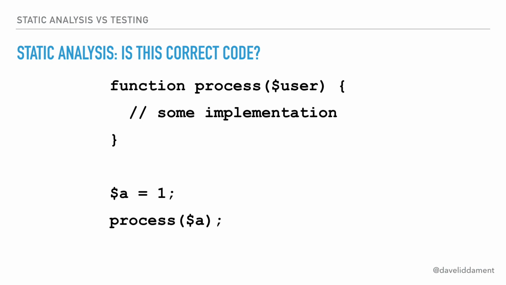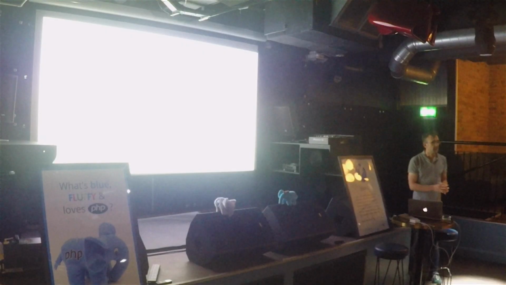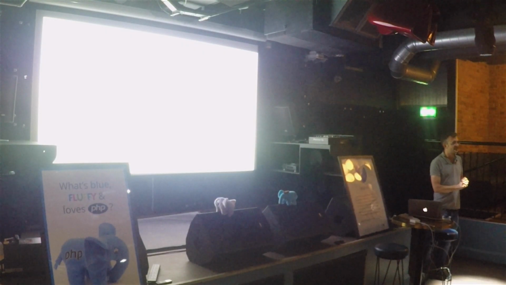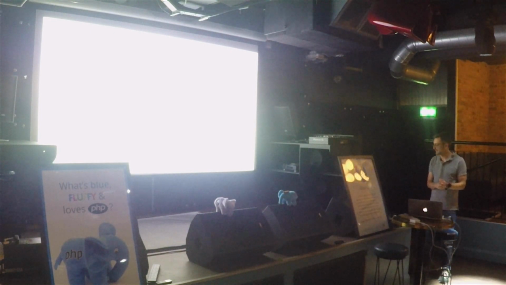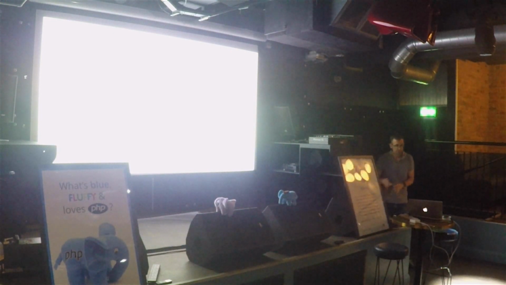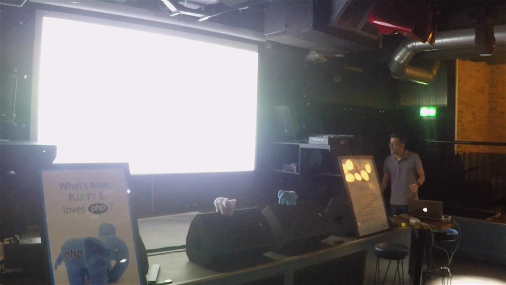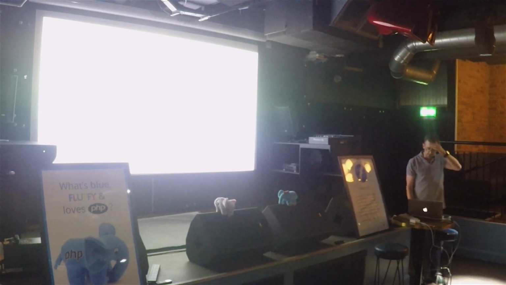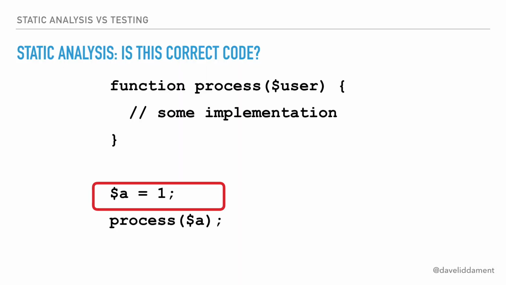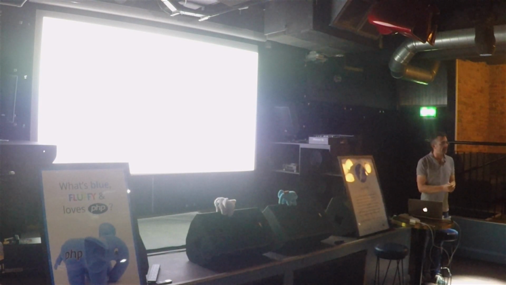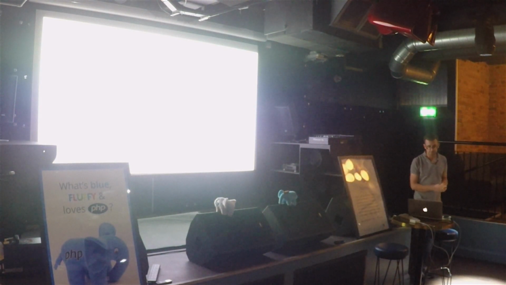Is this code correct? I know it's 8:26, and I'm asking, but what do we think? Well, let's do some analysis on it. Okay. So first of all, we have assigned the variable $A with the value 1, integer value 1.